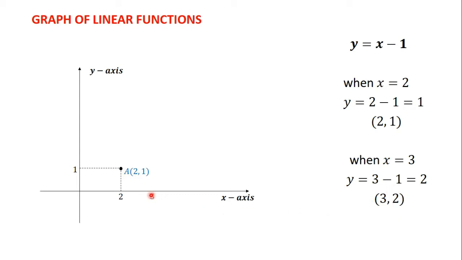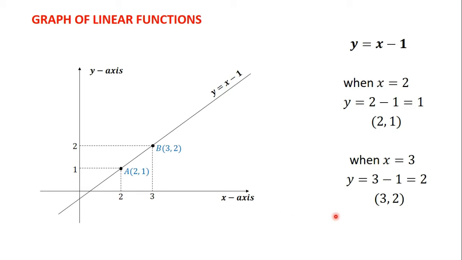So we will look for 3 on the x-axis, then 2 on the y-axis. 3 and 2 will meet at this point. We will call that point point B, and the coordinate is (3, 2). With these 2 points, we can draw the graph of this linear function y is equal to x minus 1.